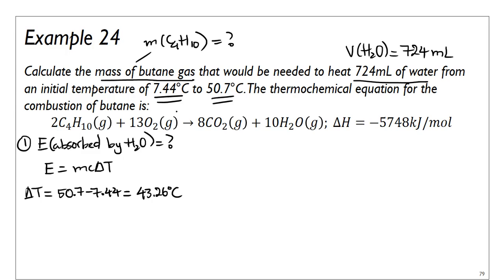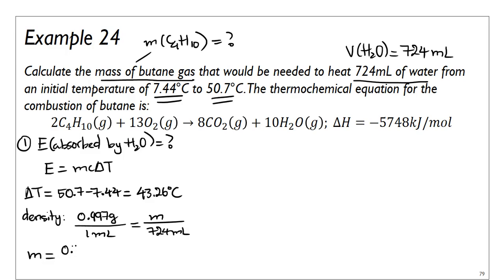I'm going to do the same thing I did with a previous question and actually use the density of water from the data book, which is 0.997 grams for every ml, and that is equivalent to mass over 724 ml. So the mass of 724 ml of water is going to be 0.997 over 1 times 724. 0.997 times 724 is 721.828. I'm just going to use all the grams.